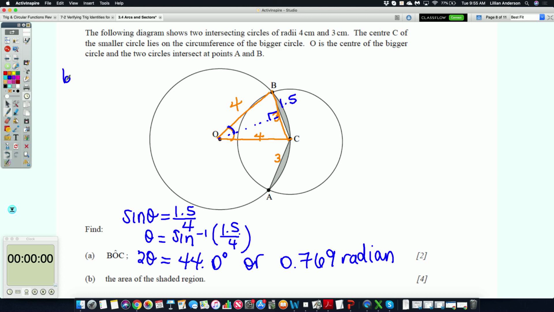We already have theta, so we can find it by doing the area of the sector, subtracting the area of the triangle, and then of course we want to double it to get both of them. We have both in degrees and radians, and I did it both ways because I don't remember what the mark scheme wanted as an answer.